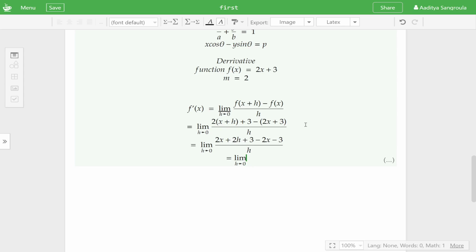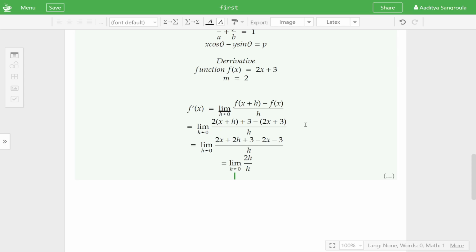Now the 2x and minus 2x get cancelled, and 3 and minus 3 also get cancelled. So what remains is 2h over h, and since h is not equal to 0 but just approaching 0, we can cancel out the h's.